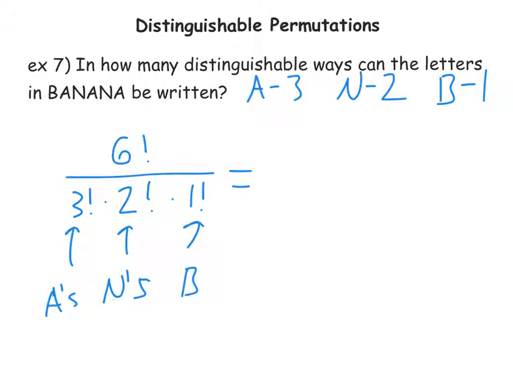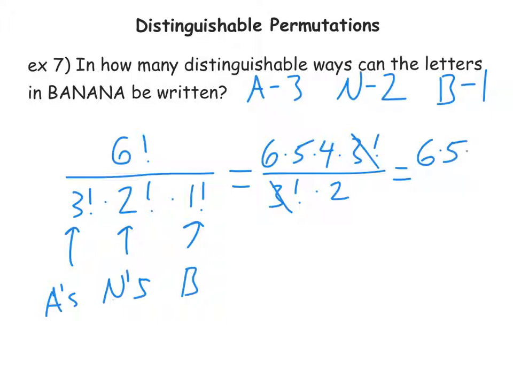So we would number crunch this a little bit. We'd have 6 times 5 times 4 times 3 factorial. 2 factorial is just 2. Those would cancel, so we would have 6 times 5 times 4 over 2.